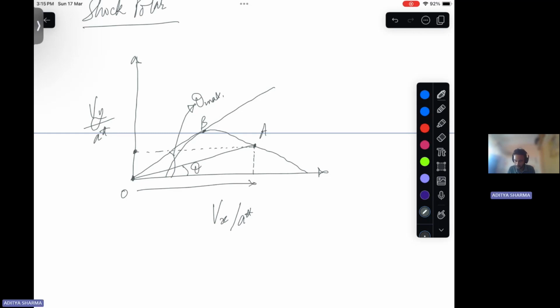So this is the x component, and this is the y component for some deflection angle theta. So this is about the deflection angle.